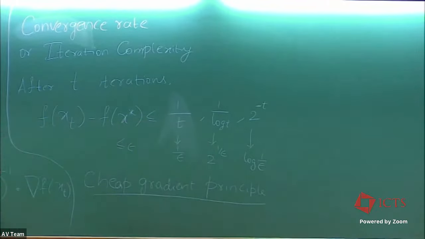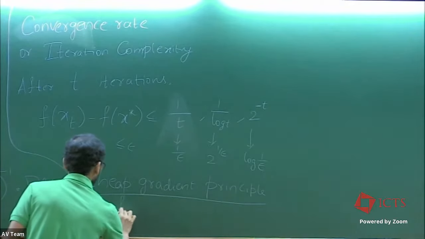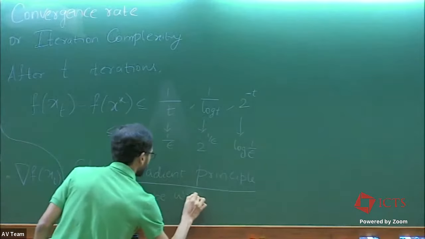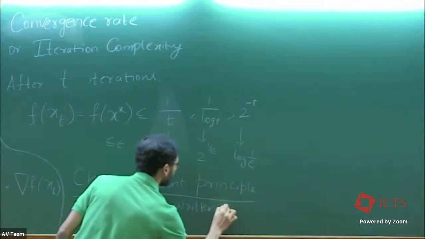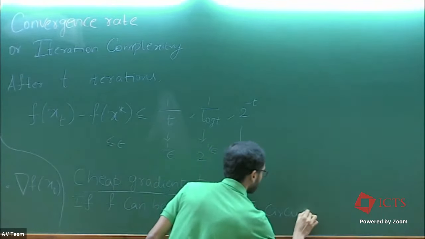Okay, which basically says that if f can be written as a circuit with differentiable nodes.